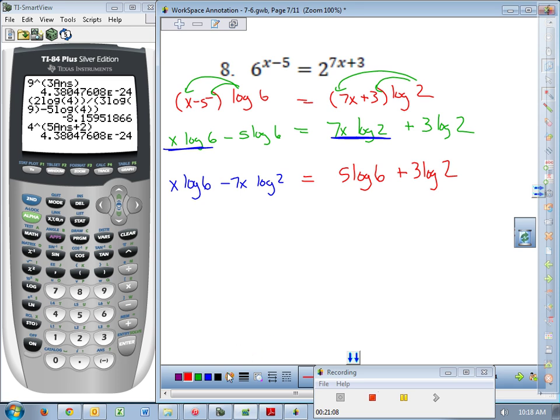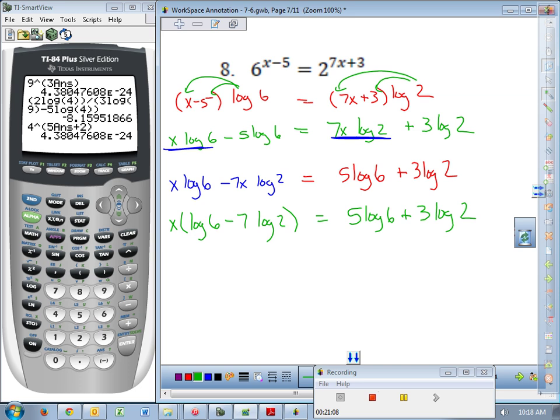Now, the reason why we got all the stuff with the x's on one side is because that is a common factor to each term. So factor x out of each one of those, because we're trying to solve for x, obviously. What's our final move here before we start punching stuff in the calculator?